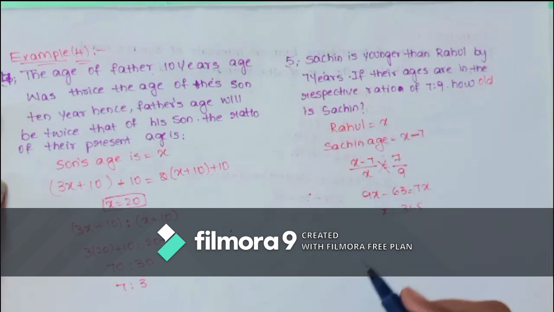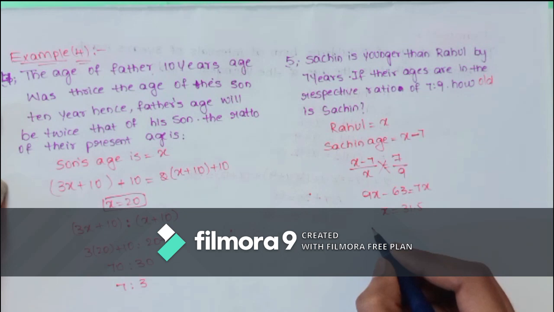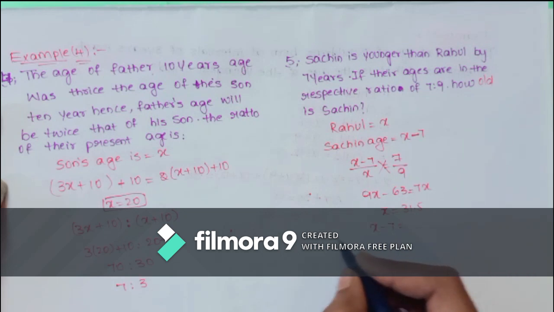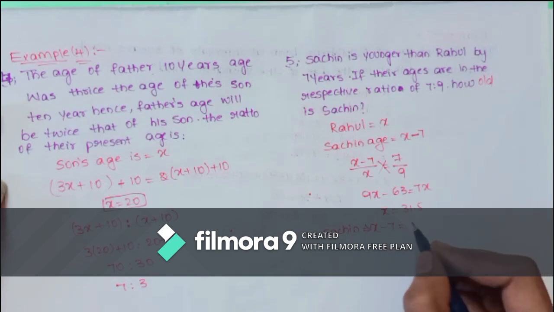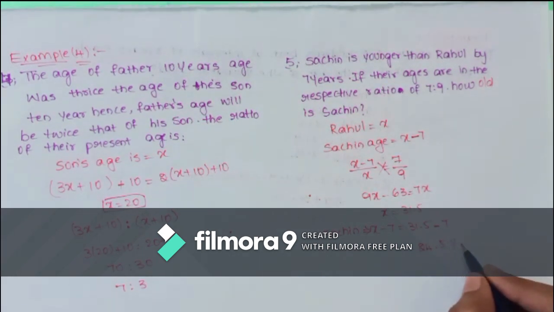How old is Sachin? We want to find the age. So x minus 7. 31.5 minus 7. 24.5 years.